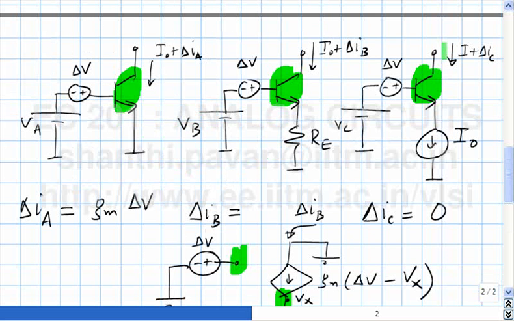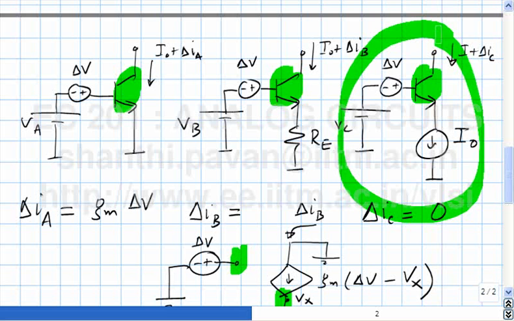What is the function of the current source here? Putting the current source in the emitter is a form of negative feedback where you measure the current in the emitter, compare it with I0 and apply corrective feedback at the emitter itself.